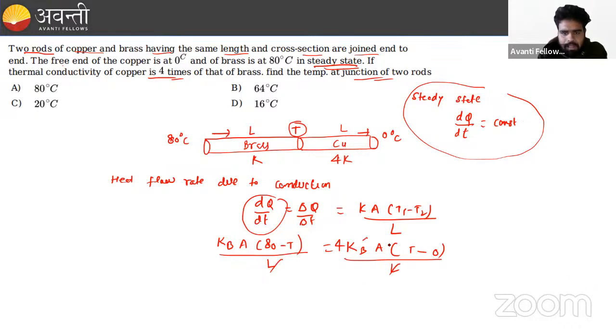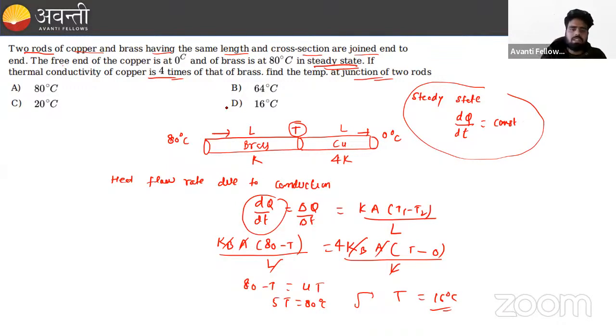So here Kb A cancels, 80 minus T equals 4T, and the value of T is 80 divided by 5, so the temperature of the junction is 16 degrees Celsius.